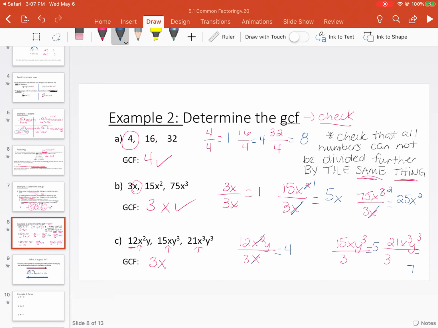Okay, so then x squared divided by x will give you x. x divided by x just cancels out. You get 1. And then x cubed divided by x gives you x to the power of 2.